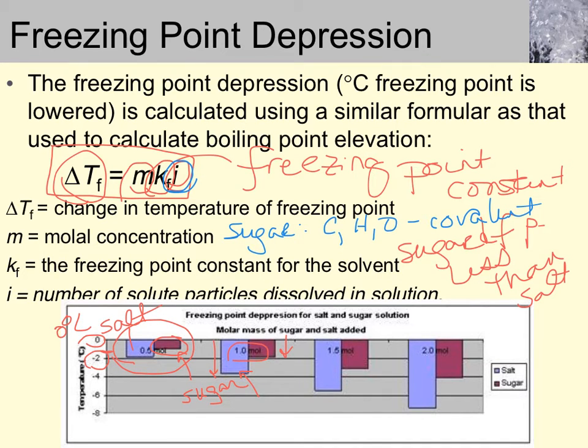They stay as one whole molecule. So the i value is 1. Sodium chloride, salt, on the other hand, as soon as it dissolves, separates into the sodium cation and the chloride anion. That's 2 particles, so i for sodium chloride is 2. So you would expect the change in temperature for the ionic compound sodium chloride to be twice as much as it is for sugar.